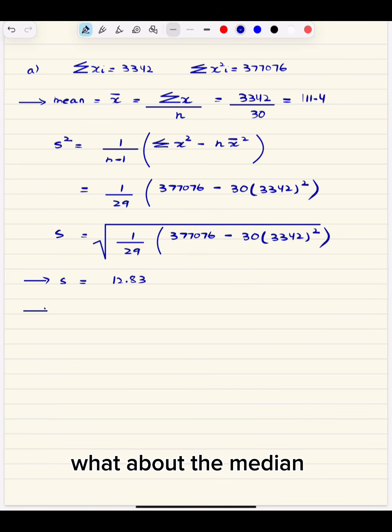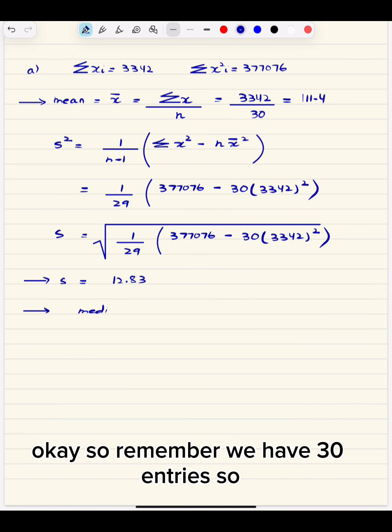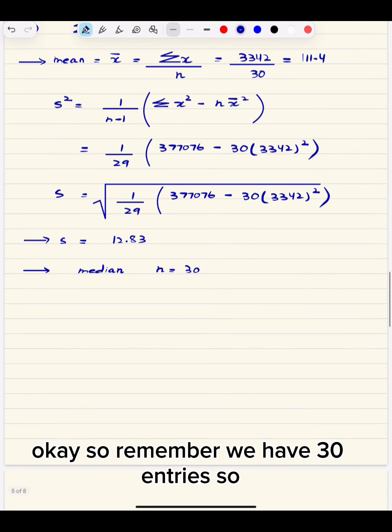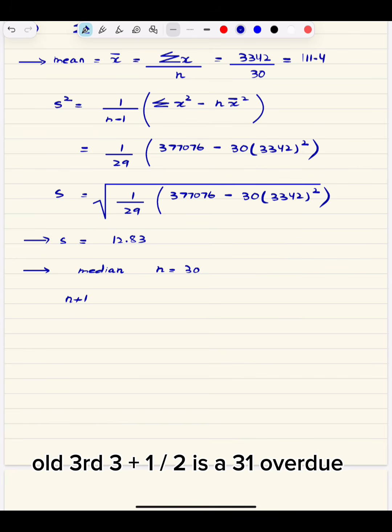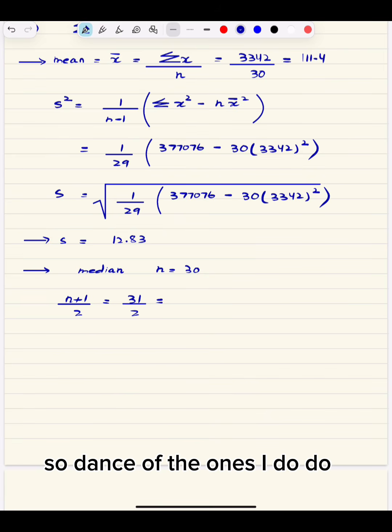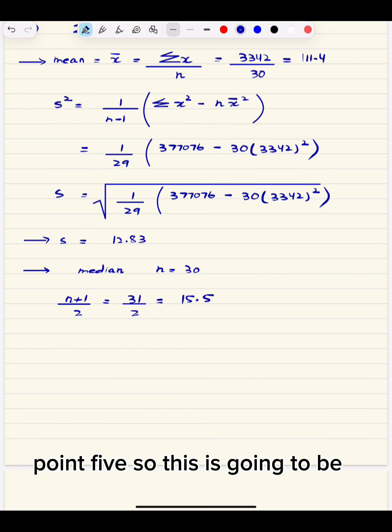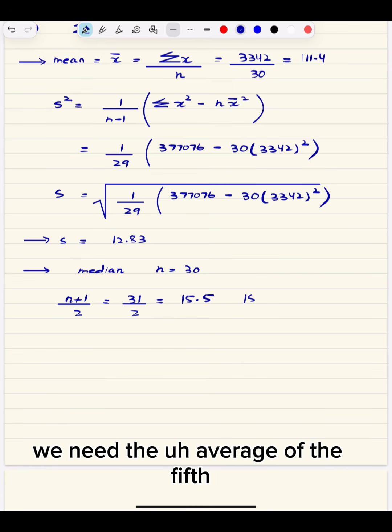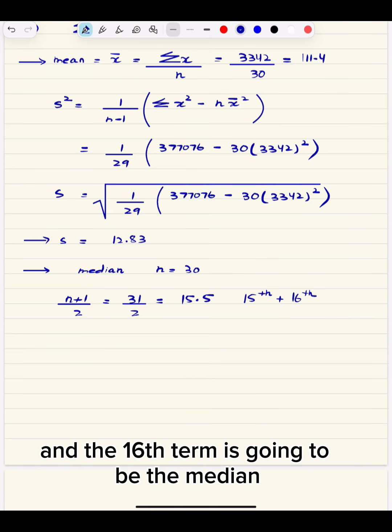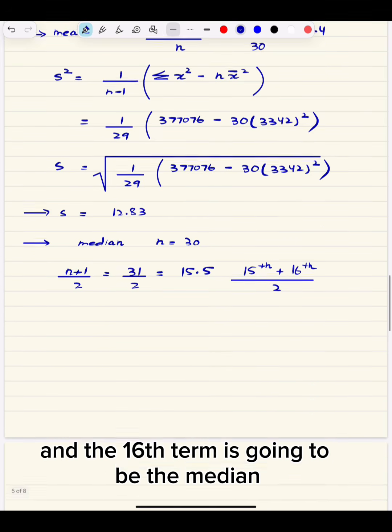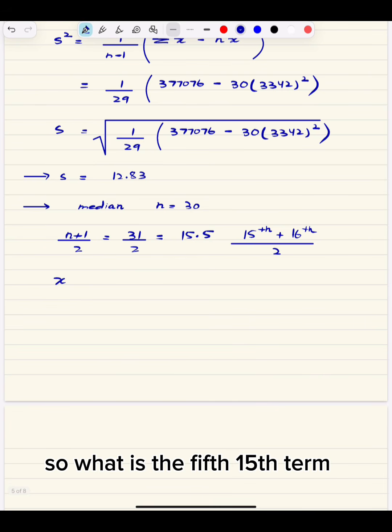What about the median? Okay, so remember we have 30 entries, so n plus 1 divided by 2 is 31 over 2, that's 15.5. So we need the average of the 15th and the 16th term to be the median. So what is the 15th term?